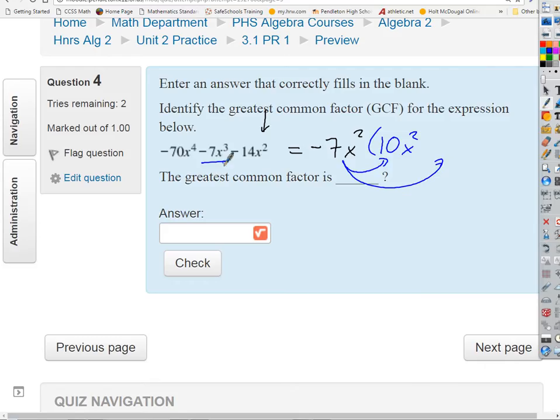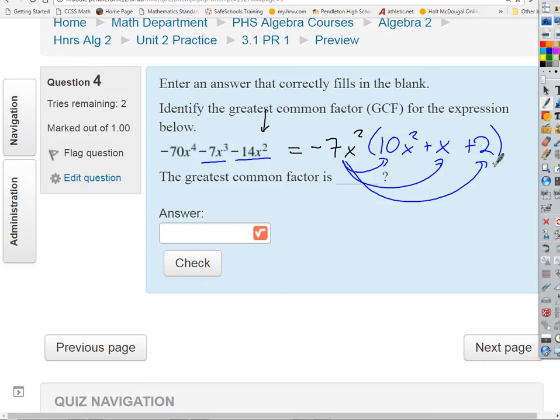Negative 7 times 1 is negative 7, so we don't need to write that coefficient, but x squared times x is x cubed. So negative 7x squared times positive x is negative 7x cubed. And then finally, negative 7x squared times what is negative 14x squared? Negative 7 times positive 2 is negative 14, and x squared times 1 is x squared.